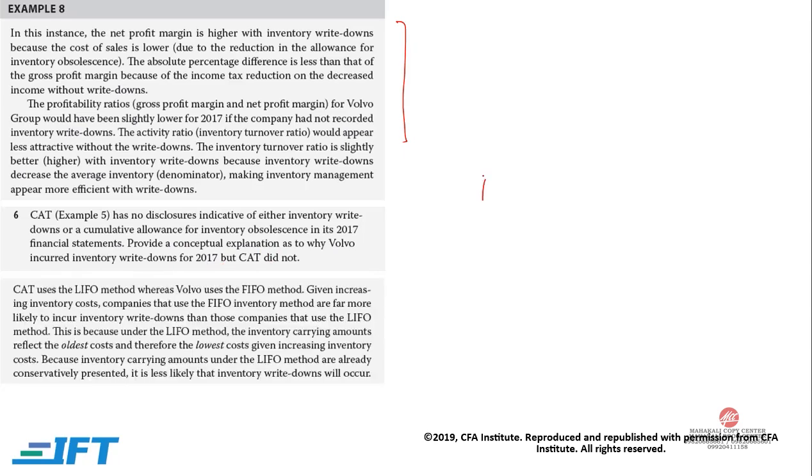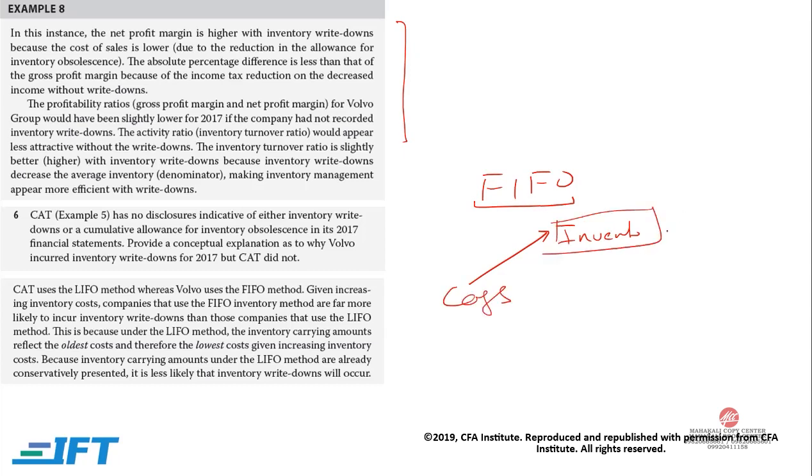Before starting this question, we need to understand that Volvo is using first in, first out. Because Volvo is using first in, first out and the prices are rising, in first in, first out, inventory is higher and cost of goods sold is lower. Because inventory is higher, there is a higher chance of a write-down.